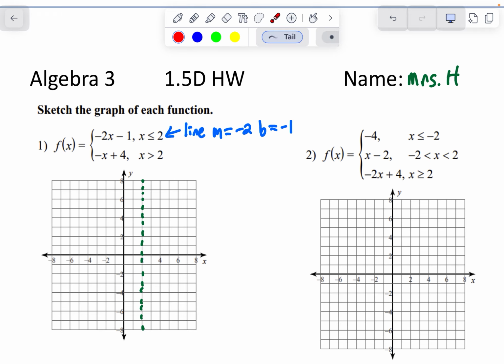Remember, the coefficient on your x is your slope. The number you added or subtracted is your starting place, okay? So to make our line, we're going to start at -1. We're going to count down 2 over 1. And I go until I hit my border, and I look, am I allowed to stand on my border? It has the equal to, so I can. And then I make my line only in the region where we live.